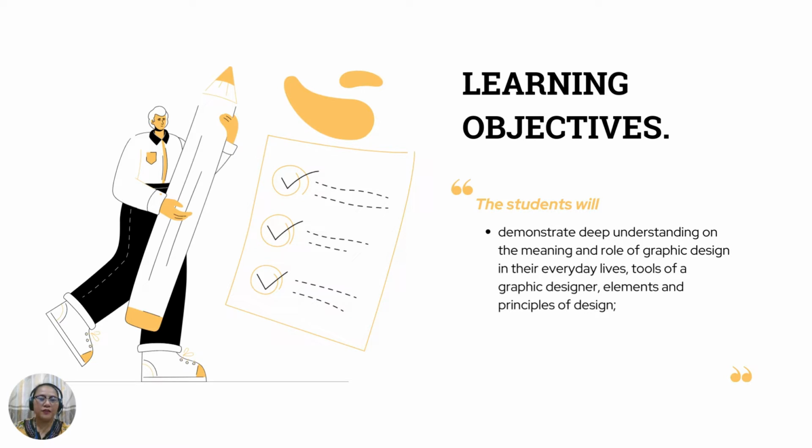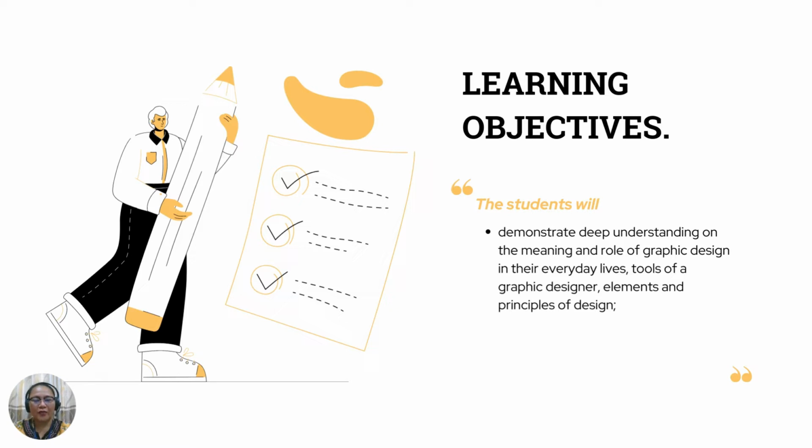So you should be able to define graphic design on your own. You should be able to understand the role of graphic design in your everyday lives. You should also know the tools needed to become a graphic designer and the different careers that you can pursue when you finish this track or this course.